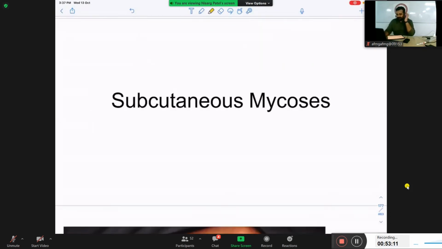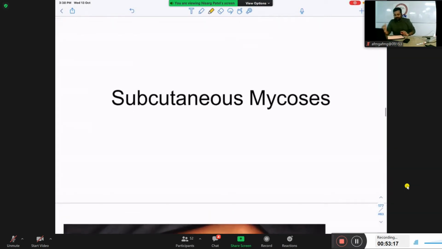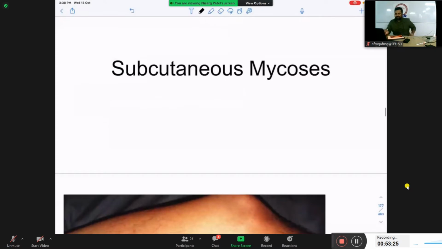Next topic, subcutaneous mycosis. In subcutaneous mycosis, they will give you some clinical history of the patient, such as the person's profession, as the agent of this.